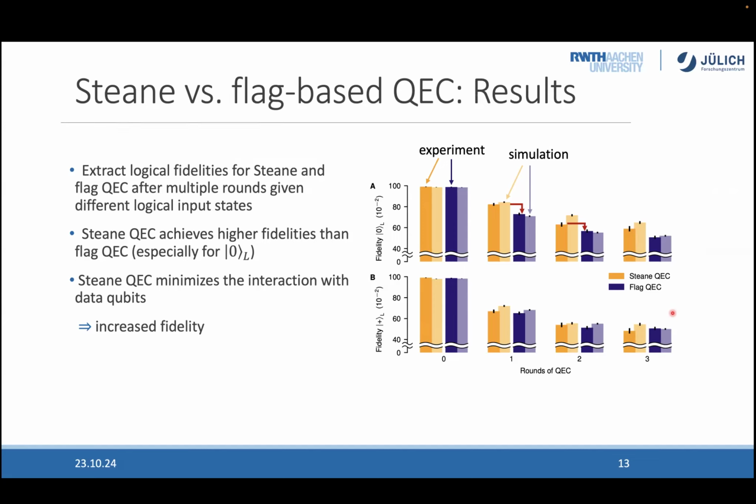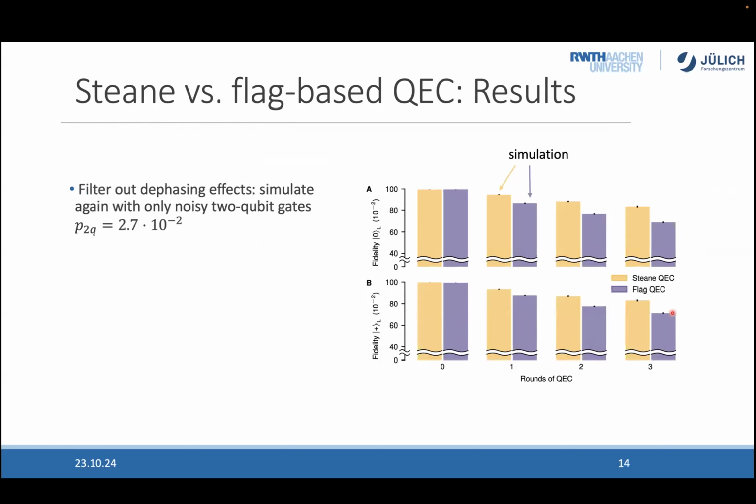And to filter out this effect and pin this down a bit more, we ran some additional simulations where we only look at noisy 2-qubit gates, meaning that all other error rates are set to 0, and we have no idling, no dephasing on idling qubits. And this is what you can see here.